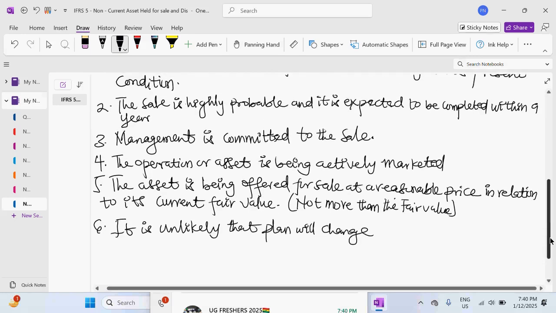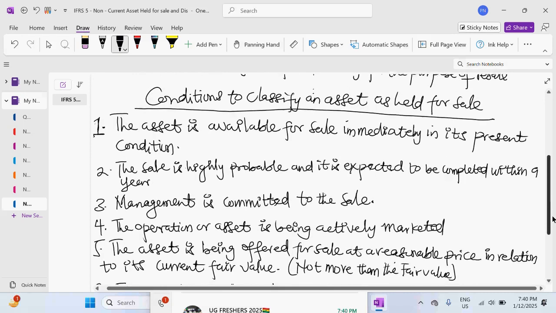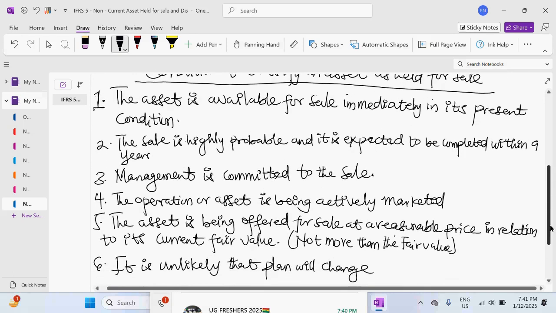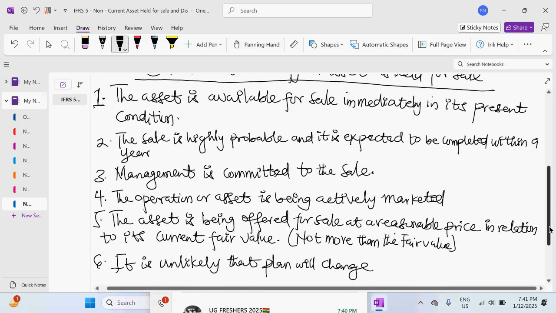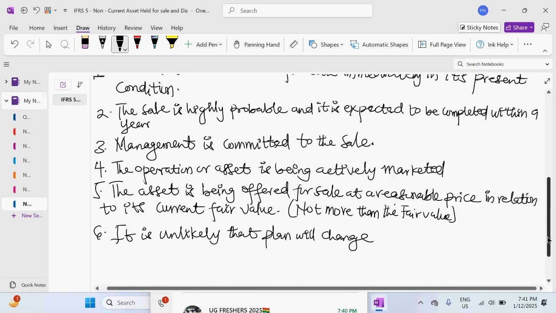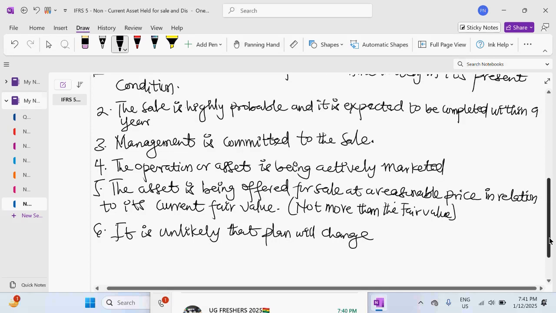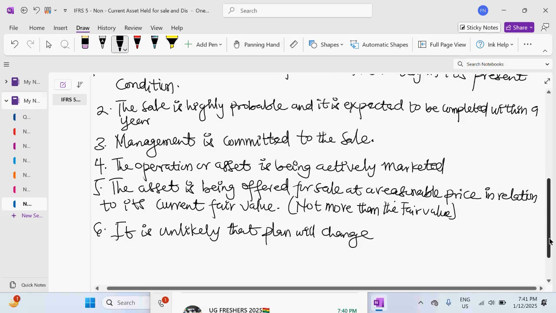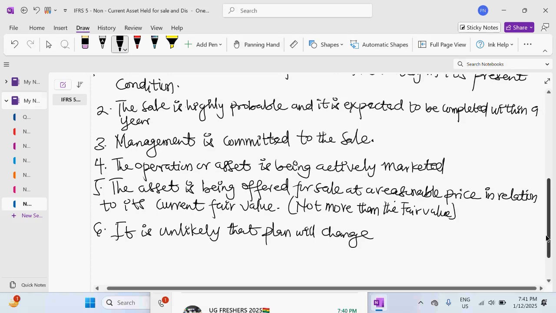So these are the conditions to classify an asset held for sale. If you get a question, these are the things that you'll be looking at. Read the question and check if the asset is available for sale in its present condition, if the sale is highly probable and expected within a year, except where it is not within management's control. And then if management is committed to the sale, and the asset is being actively marketed.